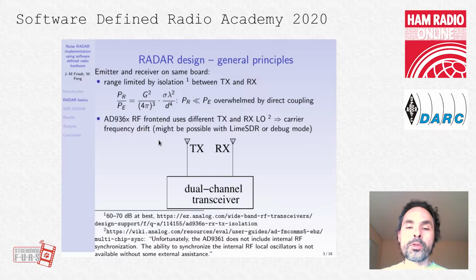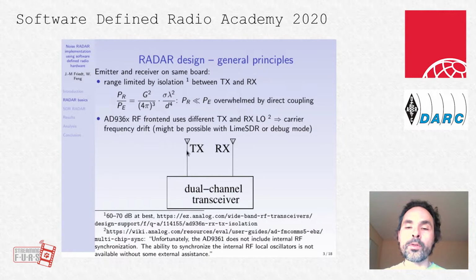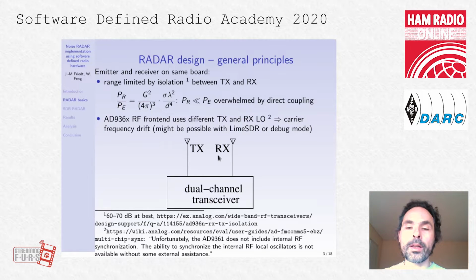The most basic approach would be to say that's easy enough. You have a B210. The B210 is a transceiver, so you might just emit using the transmitter of a B210, receive using the other antenna, and you have your radar. Well, the issue here is that the range of a radar is limited by the isolation between transmitter and receiver. Why is it?